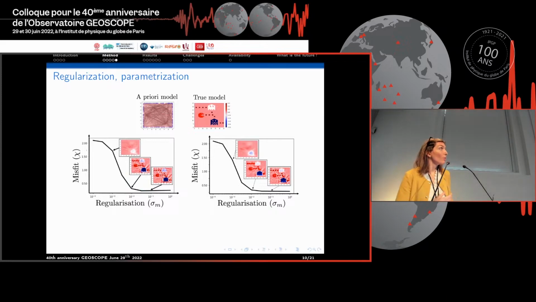So what we try to do is to find a good compromise between these two extremes, and generally you want to be in the corner of this curve where you explain your data well and you don't have too heterogeneous a model.